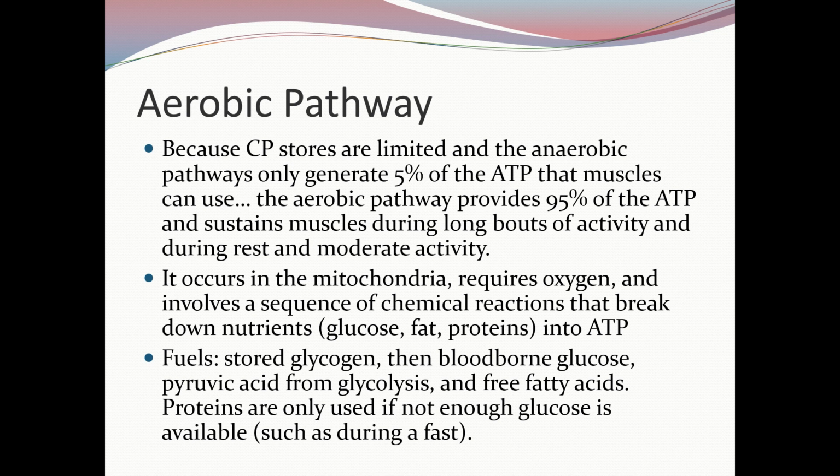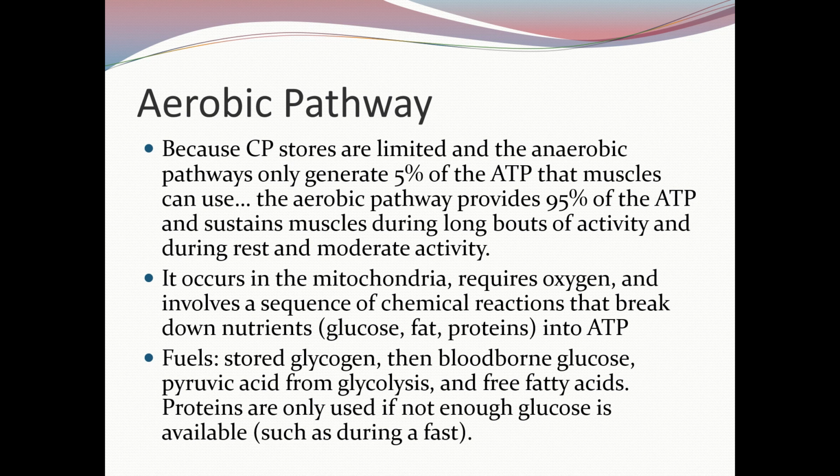The aerobic pathway will occur in the mitochondria, requires oxygen, and involves a sequence of chemical reactions that break down nutrients. Glucose is generally the one mentioned when teaching the aerobic pathway, but fat and protein can also be used and can be broken down to drive the synthesis of ATP.